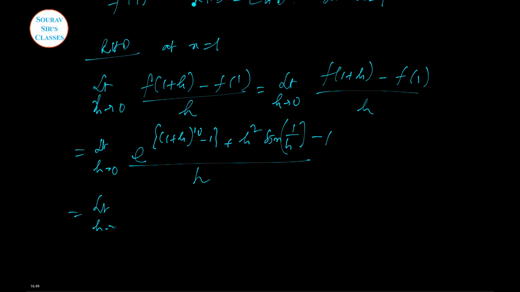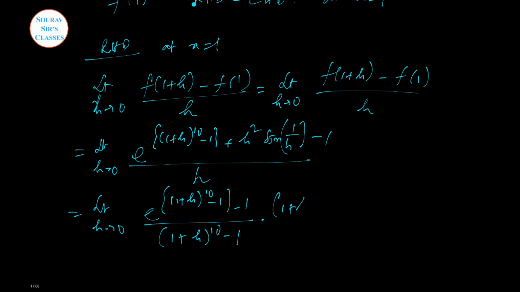Limit h tends to 0, e to the power (1 plus h) whole to the power 10 minus 1, plus 1 minus 1, and this can be written as (1 plus h) whole to the power 10 minus 1, and then we will multiply this extra part by h and plus 0. Okay, so ultimately we can put the value.